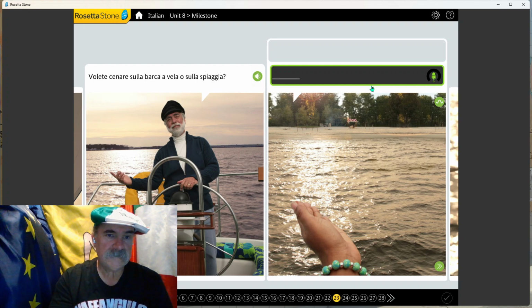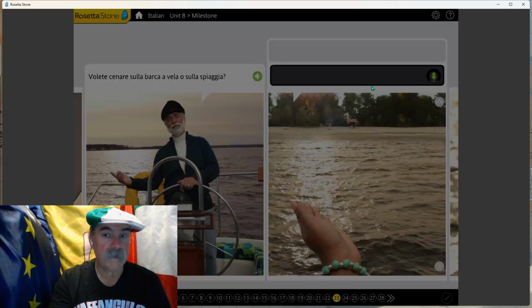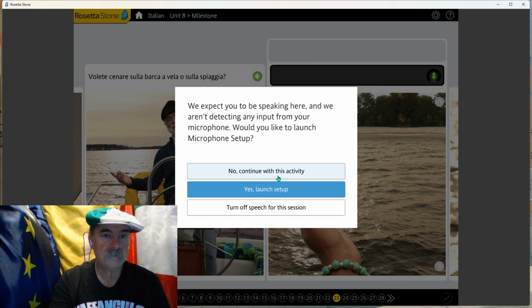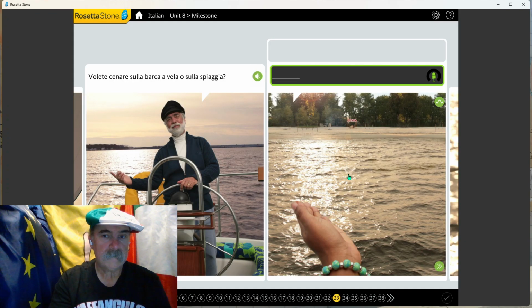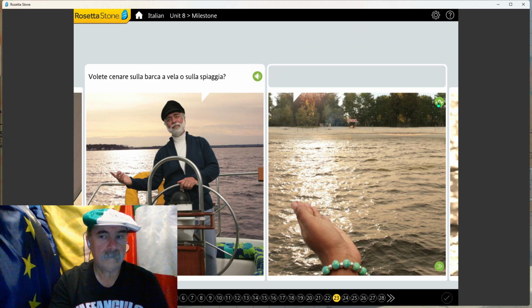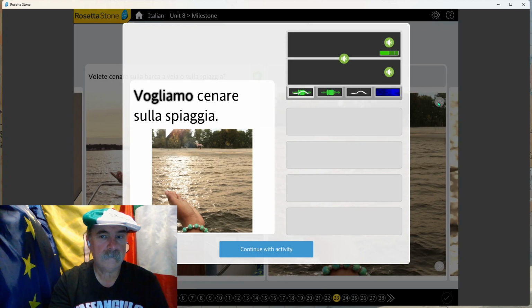Vogliamo cenare sulla spiaggia. Ceniamo sulla spiaggia? Vogliamo cenare sulla spiaggia.